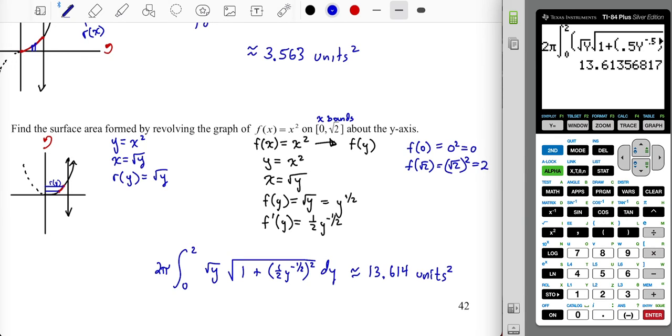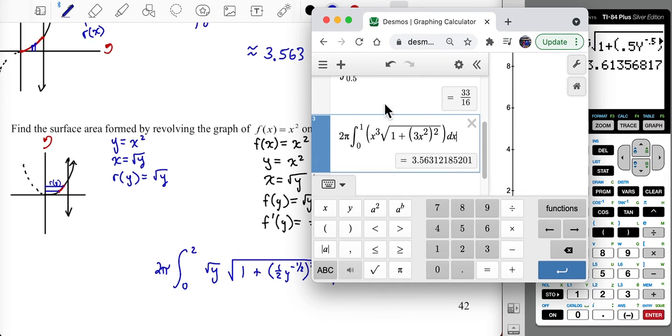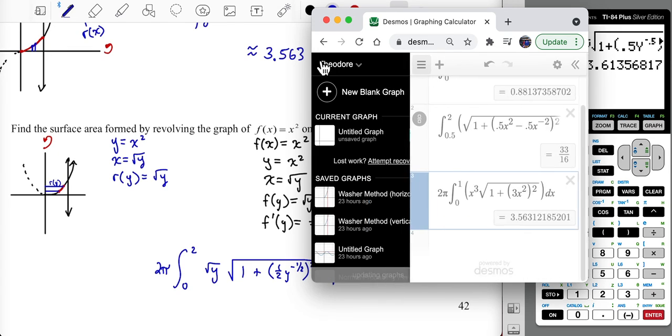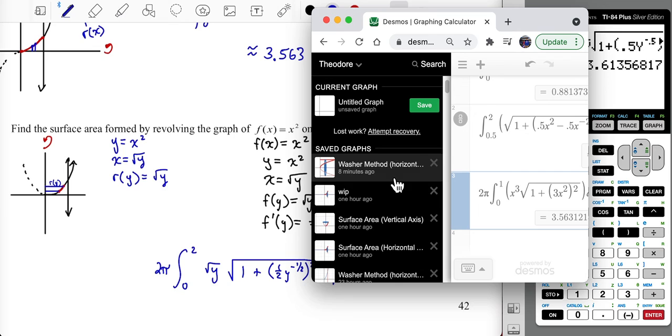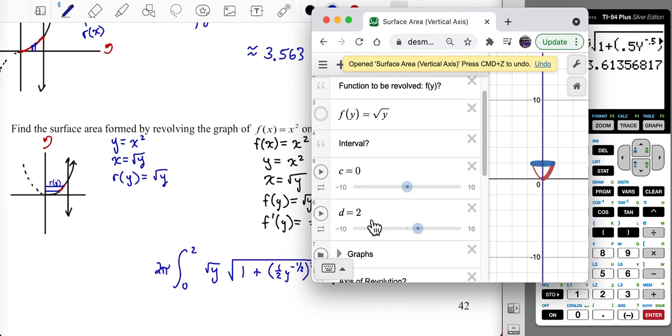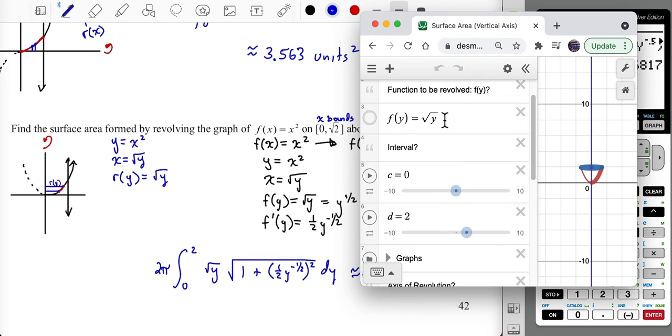All right, so on Desmos, we could type it in, but what I did is I created, and this is all on Blackboard, a vertical axis surface area calculator. If you're using the vertical axis of revolution version of it, you'd have to put it in as a function of y.